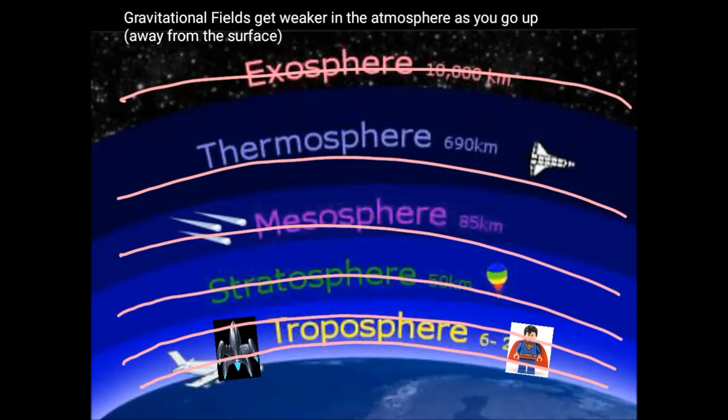Let's say Superman takes off and starts flying here and stops right there. There's less gravity pushing down on him at this spot in the mesosphere than there is here in the troposphere. So it's actually harder for him to fly in the troposphere and easier for him to fly in the mesosphere because there's less gravity up here.